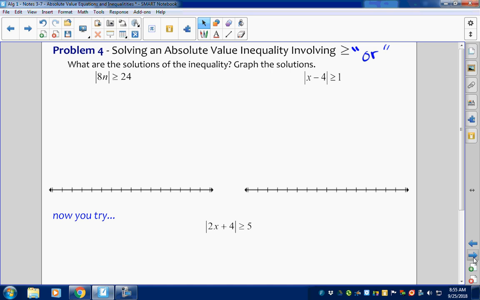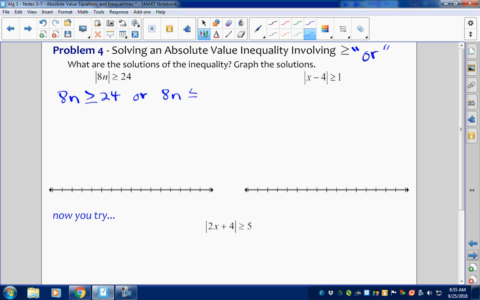We have 8n is greater than or equal to 24. Just think of the greater than, and just emphasize the part and make it a greater than. Greater than is or. That's what this is. So we're going to set this up as 8n is greater than or equal to 24. We're going to separate it by an or. 8n is less than or equal to negative 24.